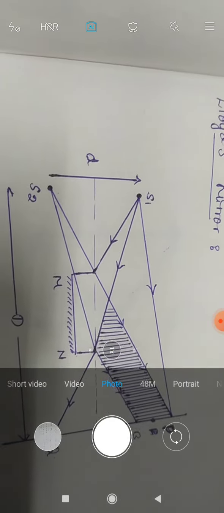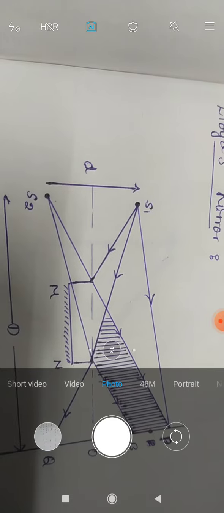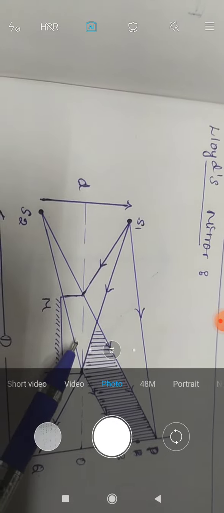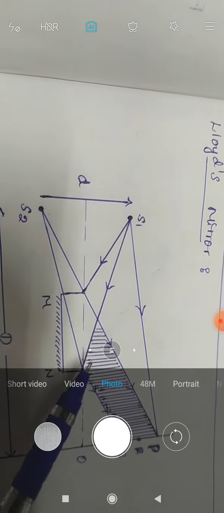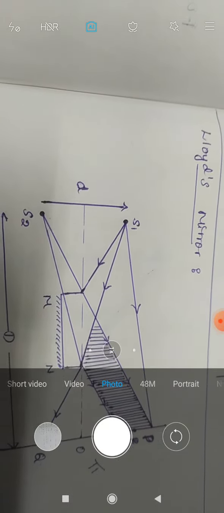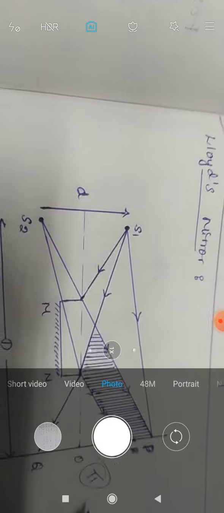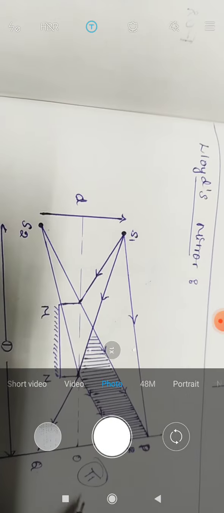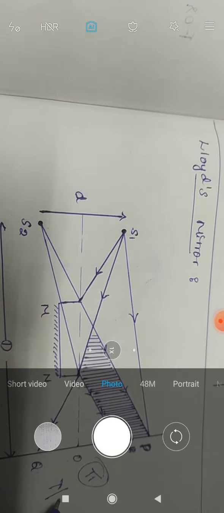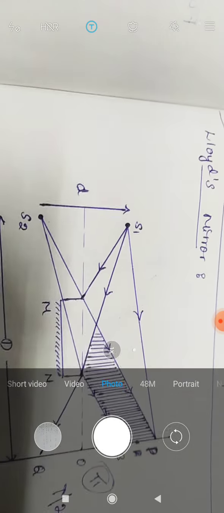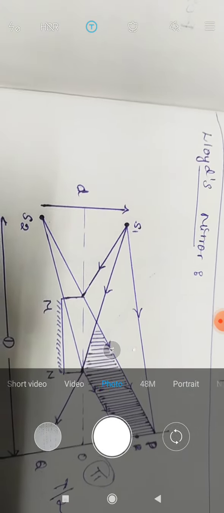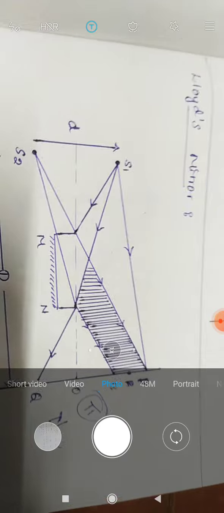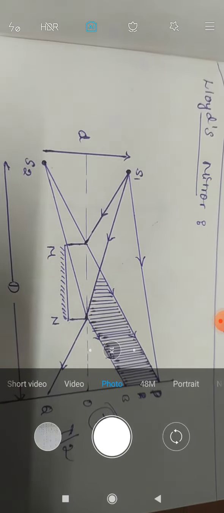This clearly indicates that the light beam after reflection from the optically denser medium undergoes a phase change of pi. This phase difference leads to a path difference of lambda by 2 between the two beams, and this path difference leads to the changes in the bright or dark fringes.